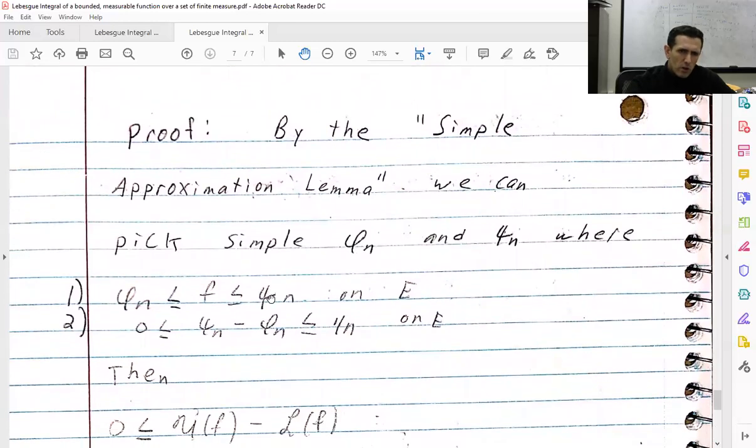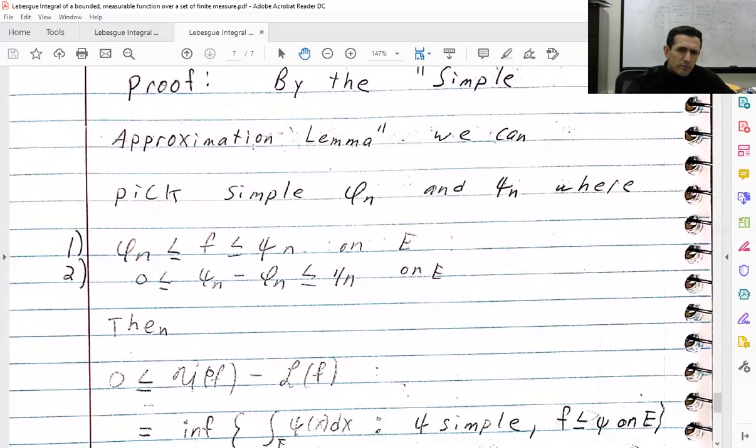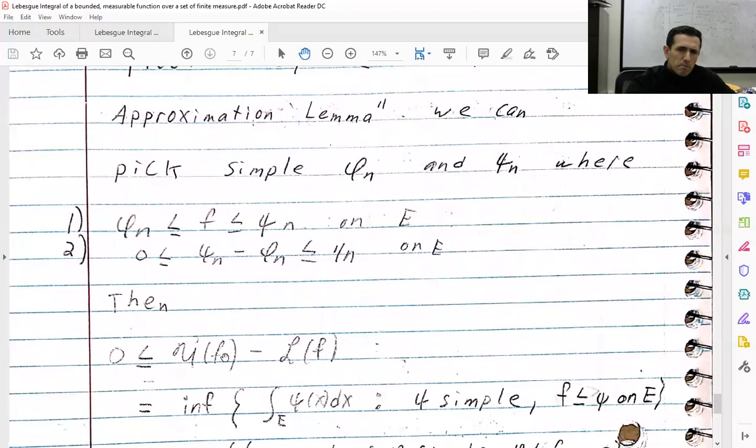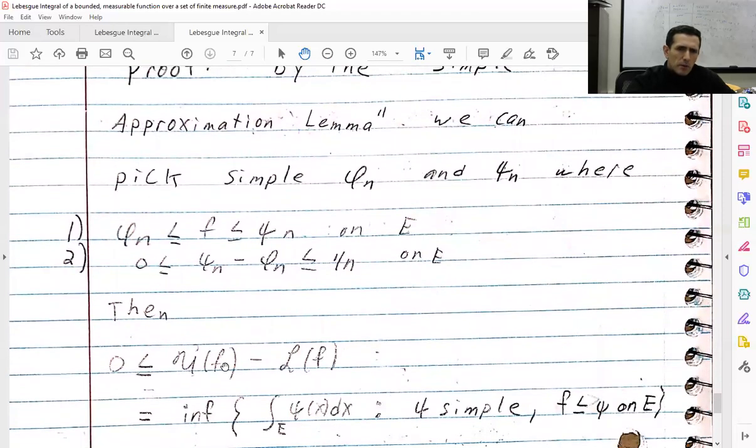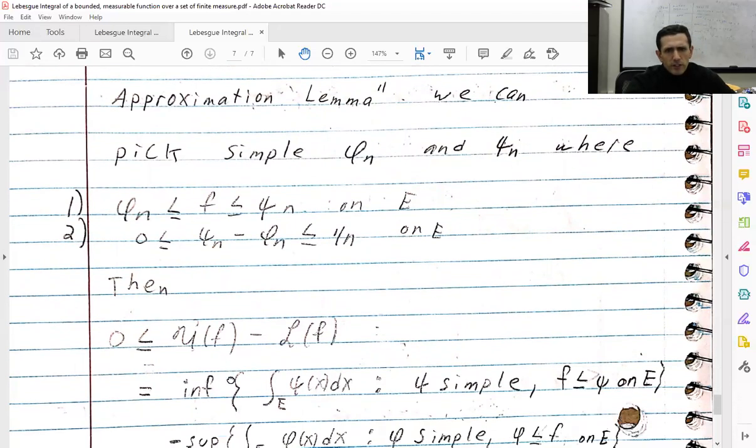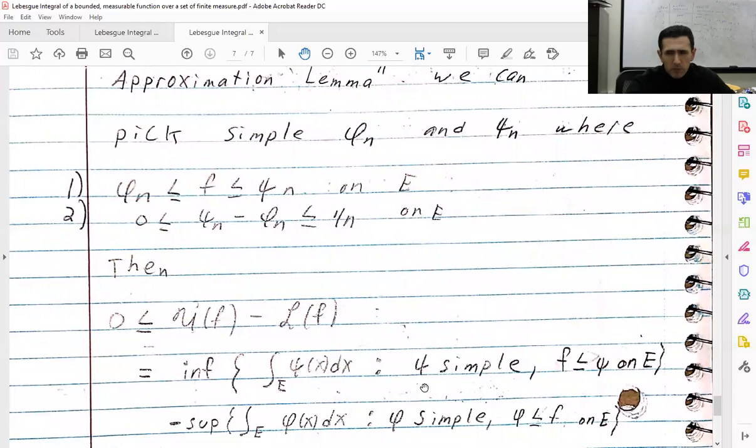Right. So as I mentioned, always the upper Lebesgue integral is bigger or equal to the lower Lebesgue integral. So this is just the infimum minus the supremum here.